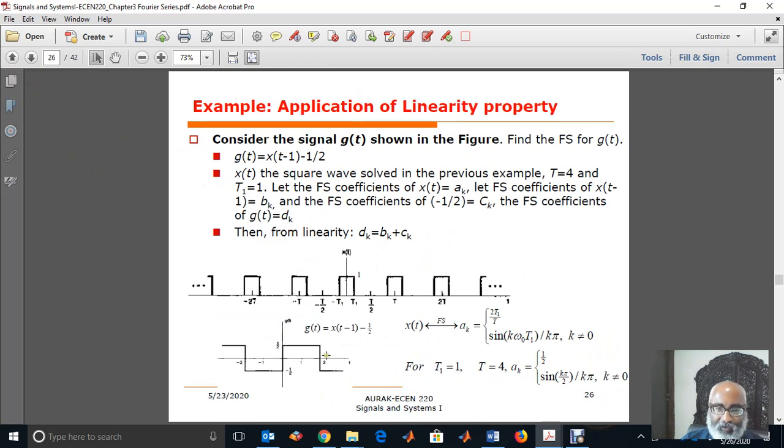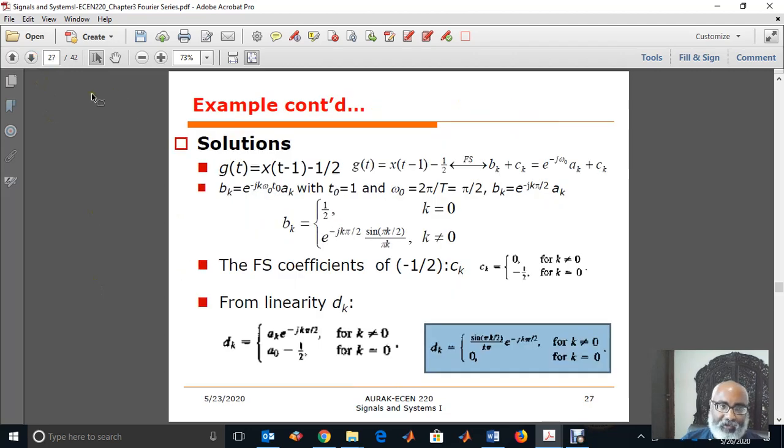The properties are used to find the Fourier series representation of more complex signals, and they are also useful to find some parameters. For example, we showed how we can get the power and the energy of a signal and so on. Try to see some other properties from the textbook. And with this, we finish this lecture. Thank you for listening to this lecture.